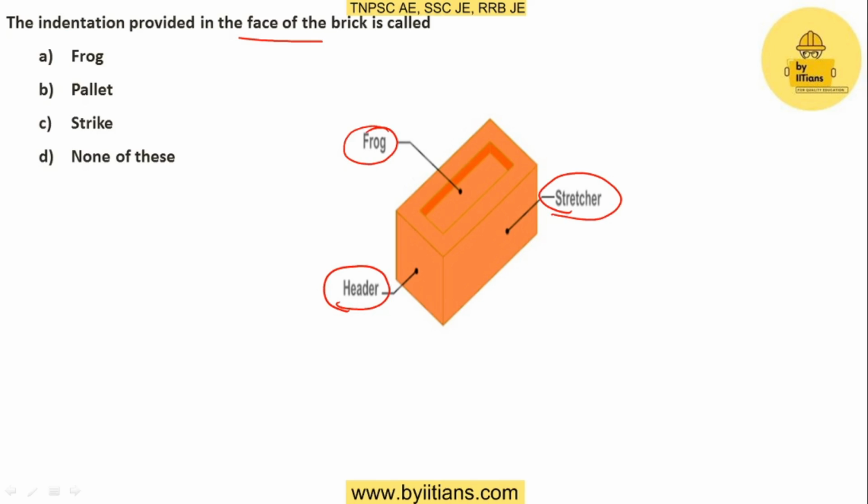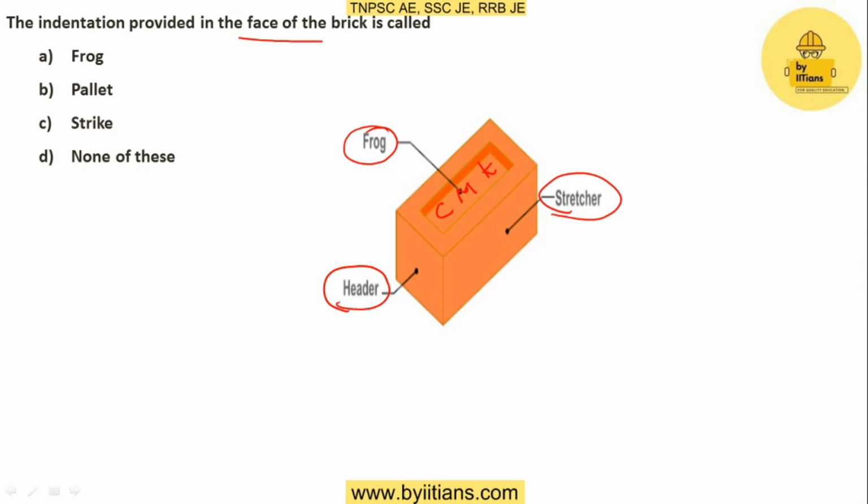You are aware that, for example, if a brick is manufactured by a company called CMK, this will be printed on the top of the brick. So why does this frog have to be provided? Because it has many advantages.